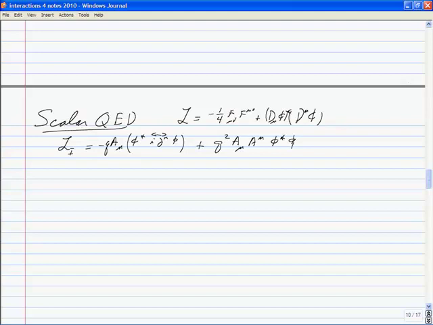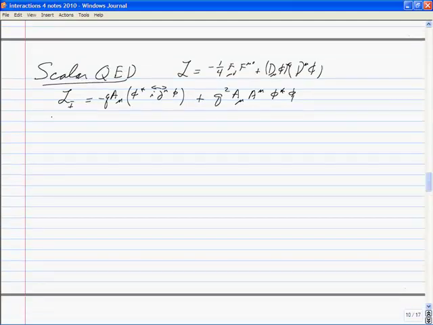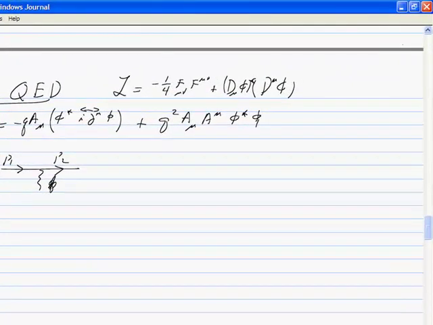Okay, so here most of the rules are the same. We have vertices. If I have something that looks like that, P1, P2, Q, well, let's call it K. I don't know, because my trouble is I've got Q as the charge here.